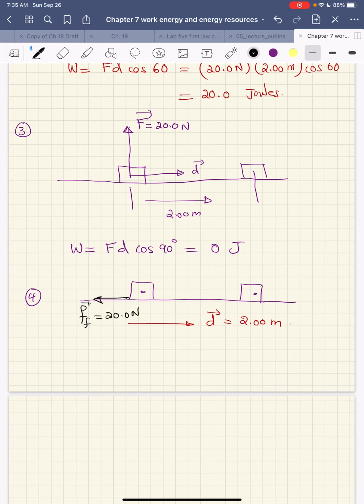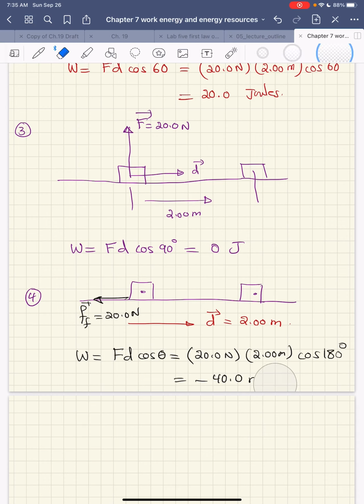Okay, in this case, the work done is going to be again F d cosine theta, and that is going to be 20 newtons times 2 meters times cosine 180. Cosine 180 is negative 1, then this is negative 40 joules. Then the work of friction is negative.